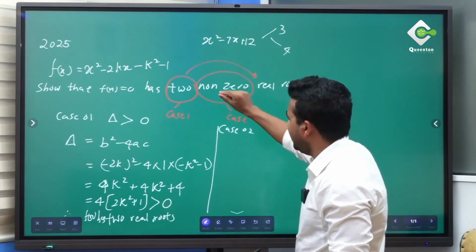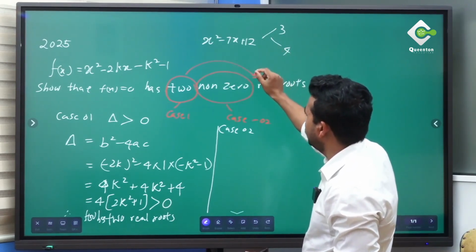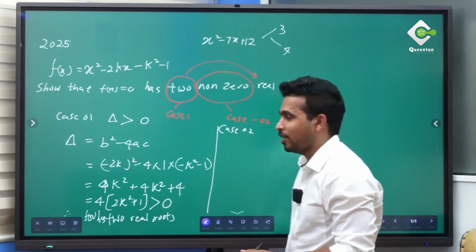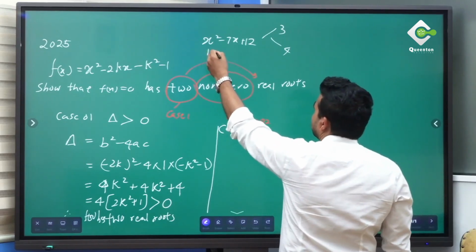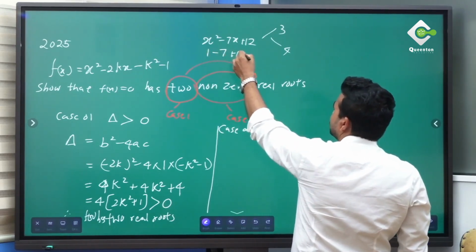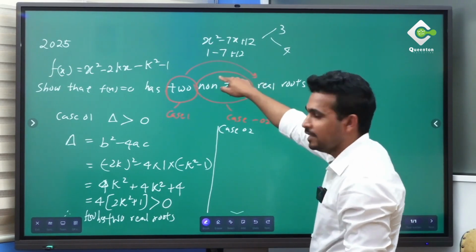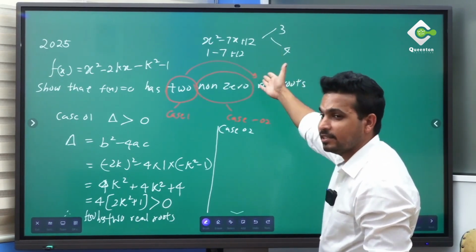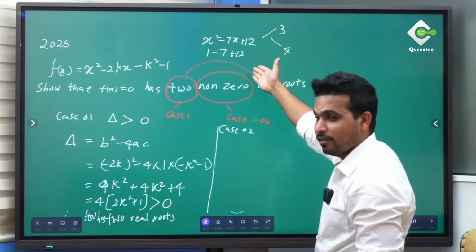But if we substitute a value which is not a root, then it can't be 0. For example, if you put 1 here, is it 0? No. 1 minus 7 plus 12 is 6, so it is not 0.